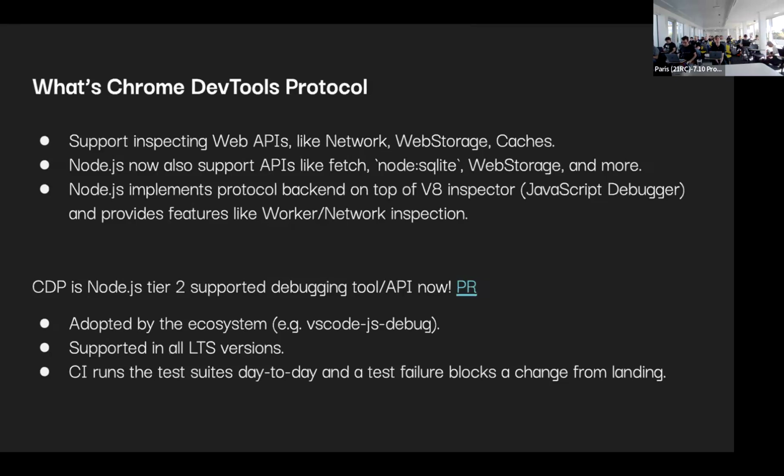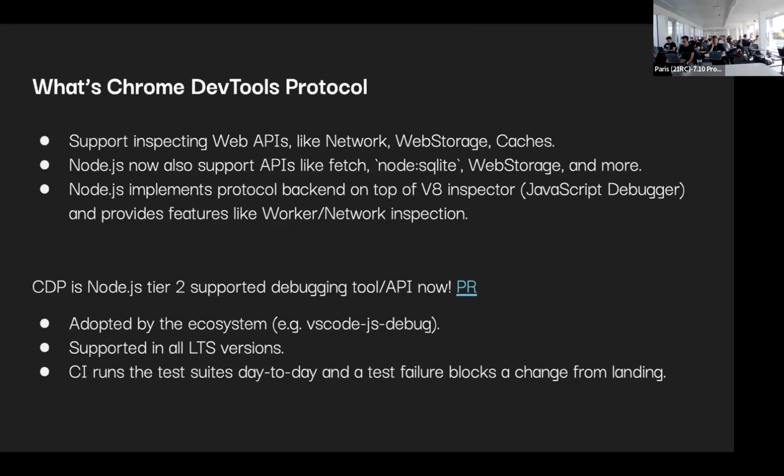Node.js last week. This means that we are running the DevTools protocol tests in a daily process in Node.js testing infrastructure, and a test failure of the DevTools protocol in Node.js will block the Node.js releases.